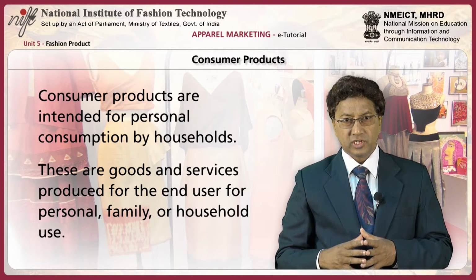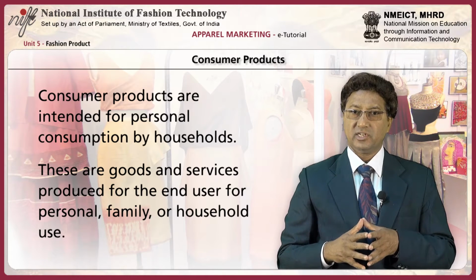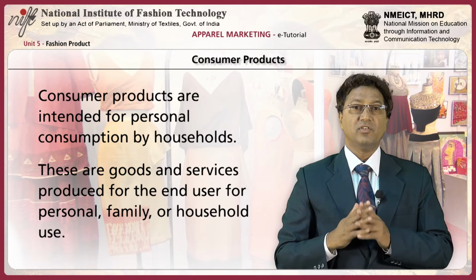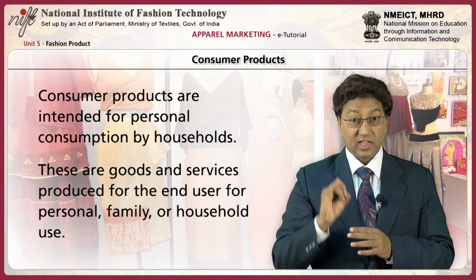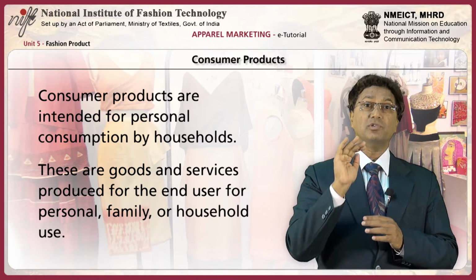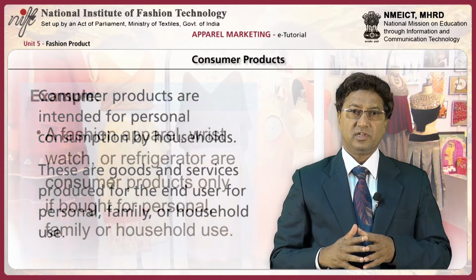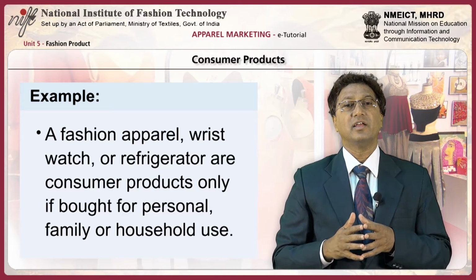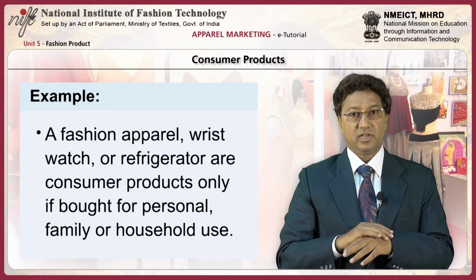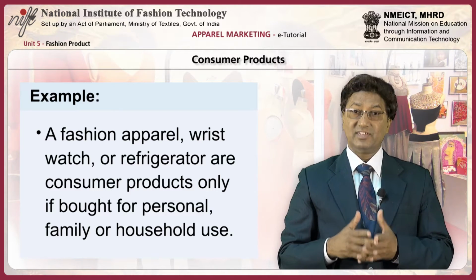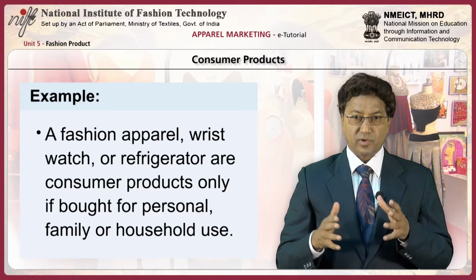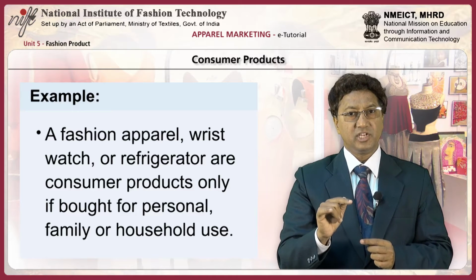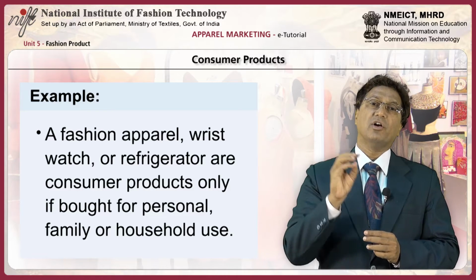These are goods and services produced for the end user for personal, family or household use. For example, fashion apparel, wristwatch, refrigerator, etc. are consumer products only if bought for personal, family or household use.